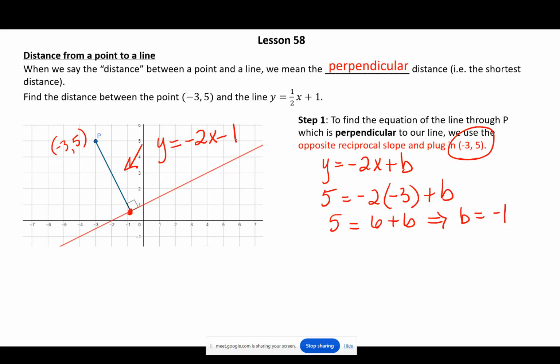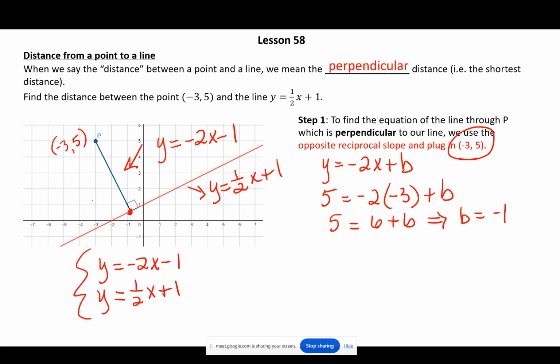So I now have the equations of the two lines. y equals negative 2x minus 1 and y equals 1/2 x plus 1.